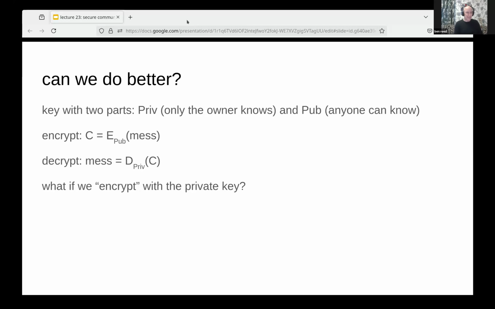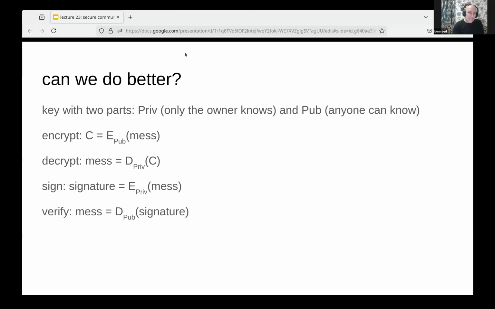That sounds kind of weird. Why would I want to encrypt something using my private key and then send it out where everybody can read it? That's not encryption, right? That's something different. And it is different.